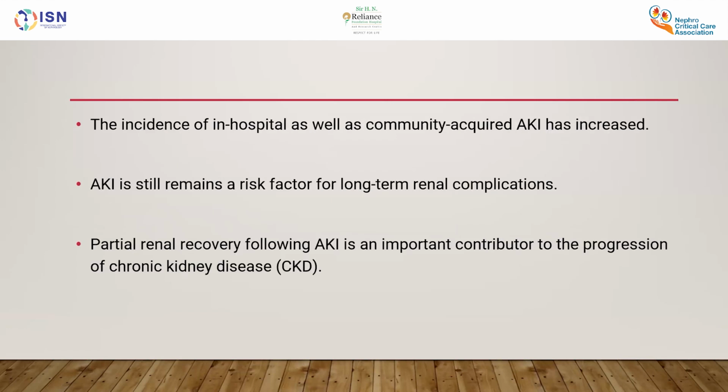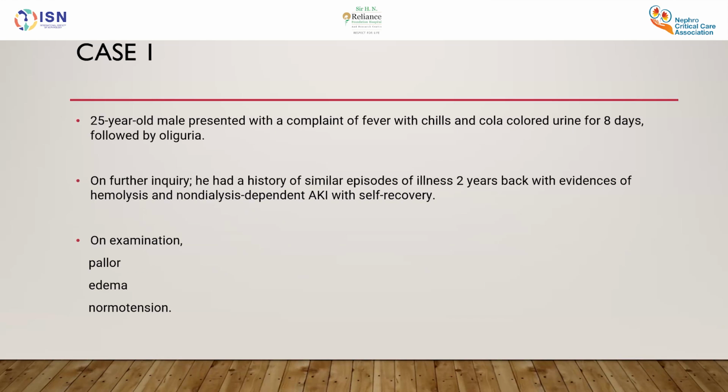The incidence of in-hospital and community-acquired AKI has been increasing. It remains a risk factor for long-term renal complications, and even partial renal recovery following AKI leads to progression of CKD. So I have 3 cases, which I'll discuss.